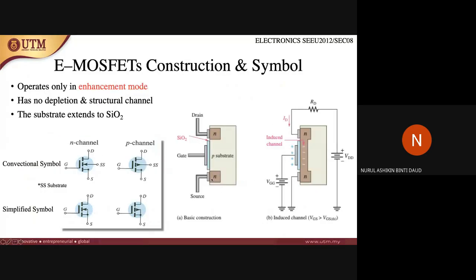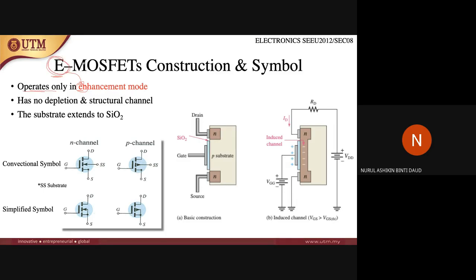All right, so let's look at MOSFET construction and symbols. The E here represents enhancement mode. The E-MOSFET operates only in enhancement mode, which is why it uses the capital E in front.